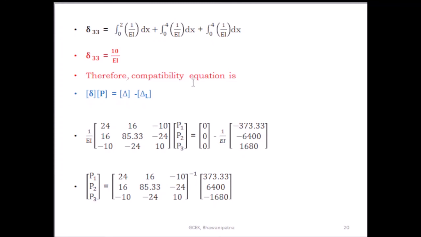So these are the displacements due to the unit horizontal force at coordinate 1, the unit vertical force at coordinate 2, and the unit moment at coordinate 3.